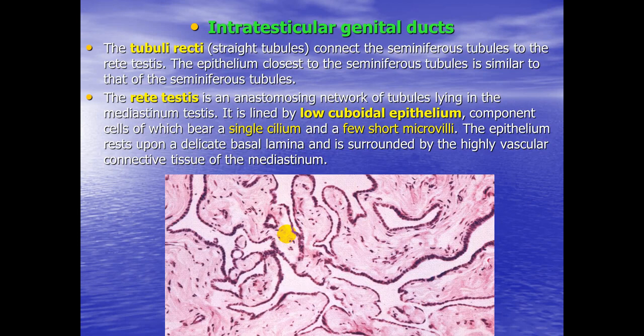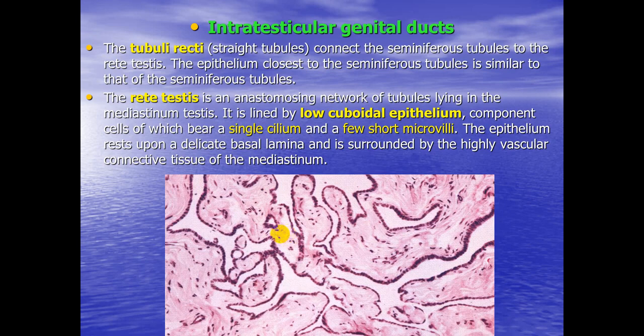So there are two mechanisms of pushing the sperm cells. First, I explained to you the secretion of fluid by the epithelial cells of the lining epithelium, and the second one, the constant wave-like contraction of the smooth muscle cells in the wall of these ducts.